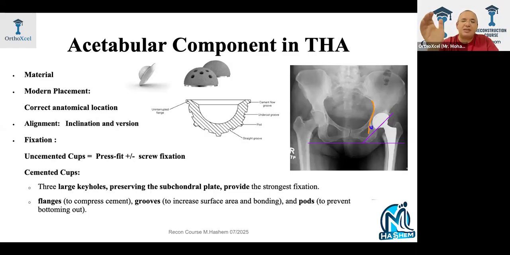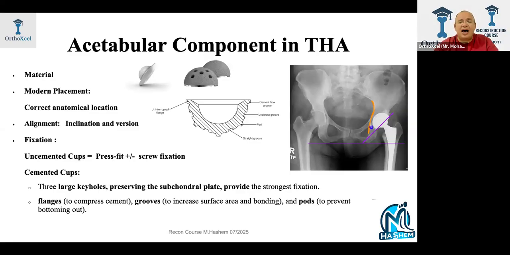So you need to use a material which can absorb much of the stress before it transfers it across to the bone. That's why we always use a polyethylene cup when we're doing a cemented cup. This polyethylene cup has a lot of features, which I'll explain in a minute. It has a flange, it has a lot of grooves, it has some studs to hold the cup in place and maintain the stability.